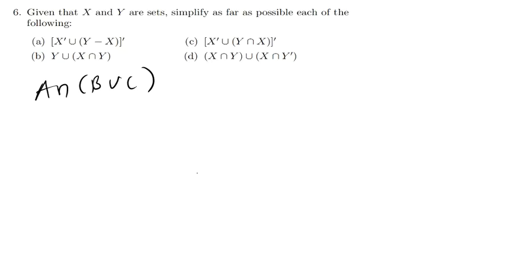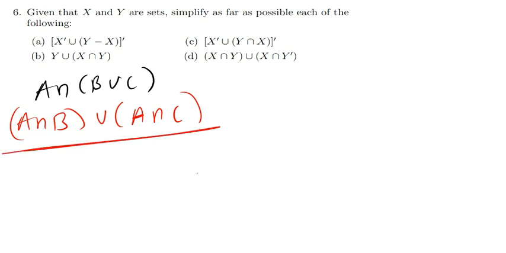Do you guys understand that if I distribute this, it's going to be A intersection B union A intersection C? Yes, we do. So if this A appears twice, it's going to be outside.